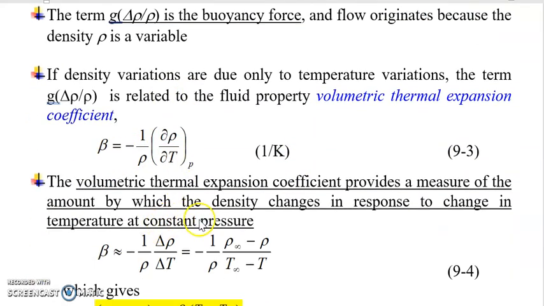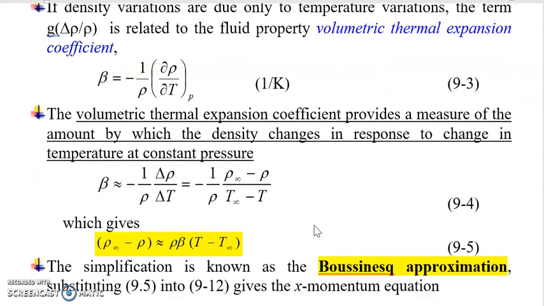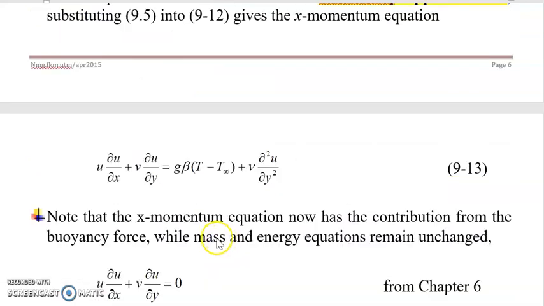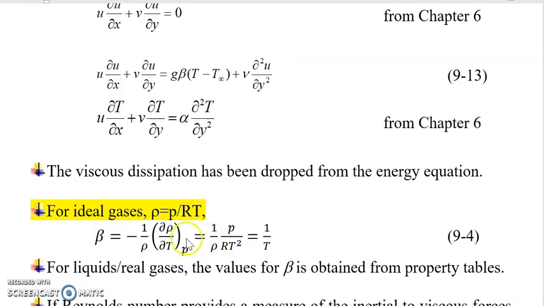It's a measure of the amount by which the density changes in response to a change in temperature at constant pressure. So subsequently, we apply the Boussinesq approximation to the boundary layer equation. Yes. So for ideal gases, the volumetric thermal expansion coefficient may be obtained with equation 9.4. It's just 1 over T. Note that T is in Kelvin. For liquids and real gases, the values for beta, the volumetric thermal expansion coefficient, may be obtained from property tables in the appendices. Yes.